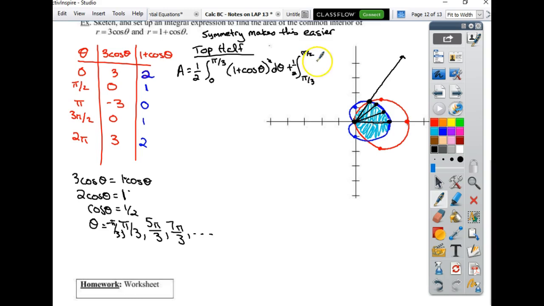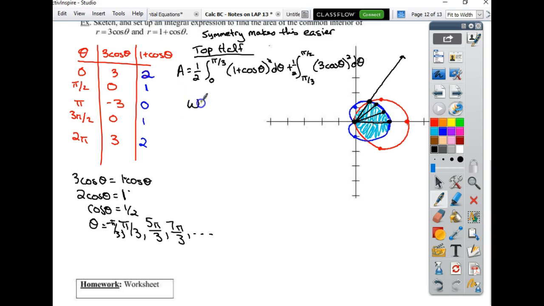And we're going to use 3 cosine of theta squared d theta. We cool? And do you agree that that will sweep from here all the way over to this piece? And since that works, that's the top half.